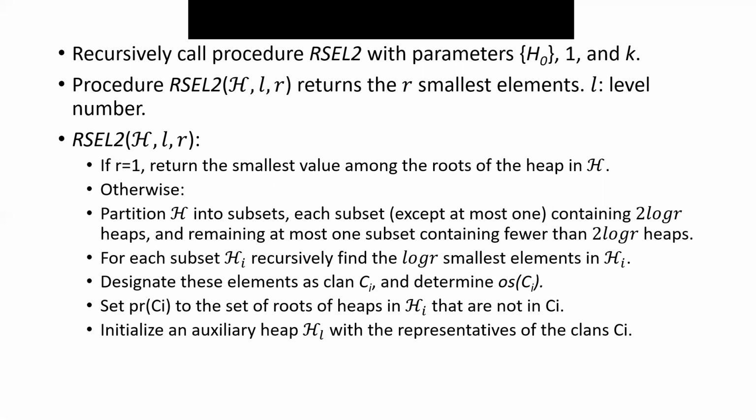Then designate these elements as clan Ci and determine the offspring of Ci. And set the port relation of Ci to the set of roots of heaps in Hi that are not in Ci. Then initialize an auxiliary heap HL with the representatives of the clans Ci.